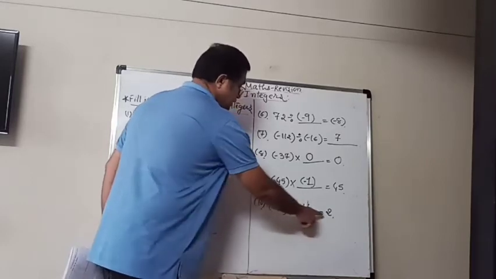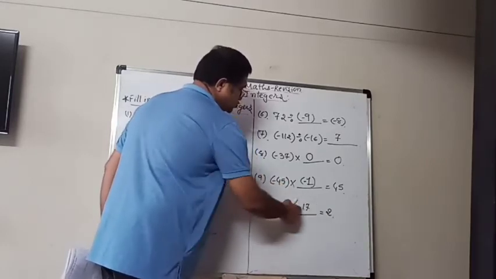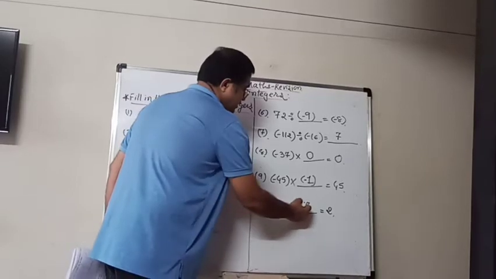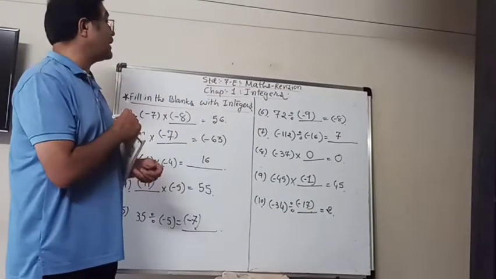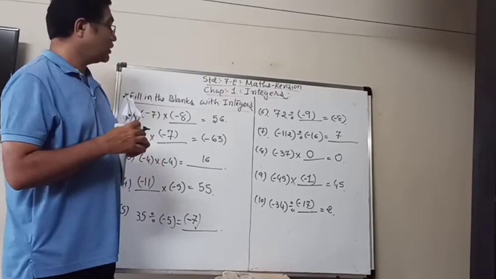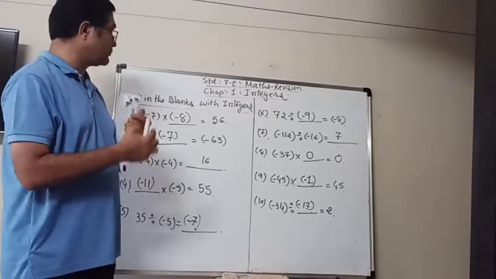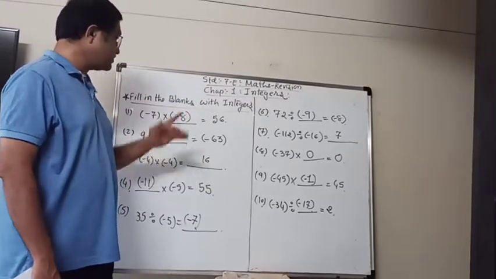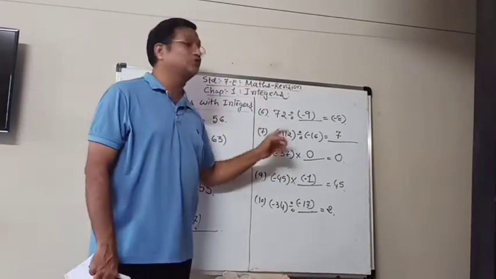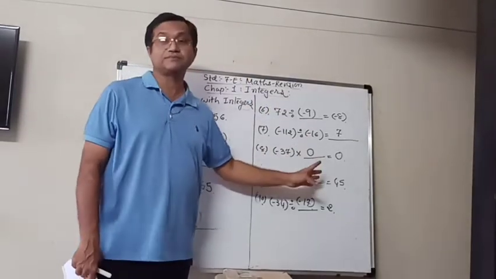But if it is positive, then both should be negative. So we cannot take 17, the answer will be minus 17. So when you put the answer, be careful that the positive or negative sign should be there in the answer.